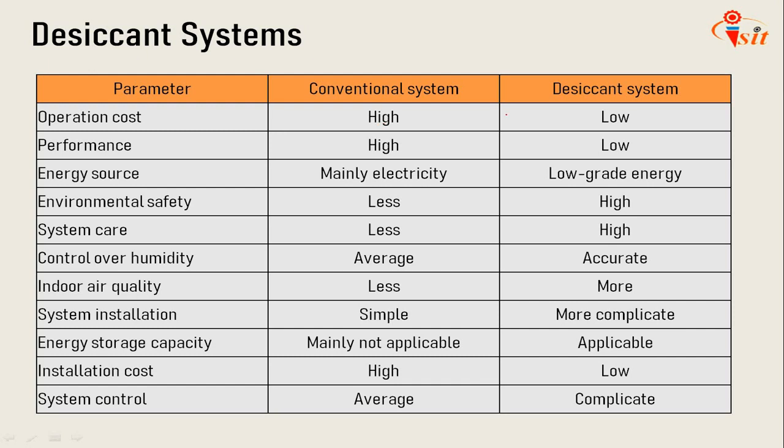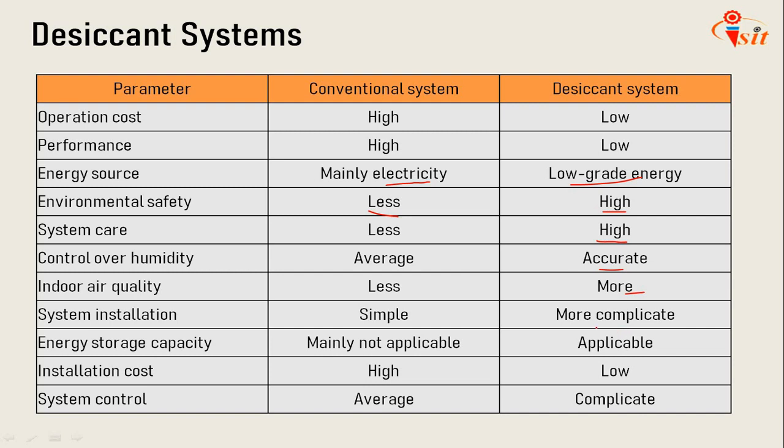Operating cost is high in conventional, low in desiccant. Performance is high in conventional, in desiccant it is low. Energy source, here electricity in conventional system, while in desiccant low grade energy like solar energy we can use. Environmental safety is less in conventional, here high. System care is high in the desiccant. Control over humidity is accurate in the desiccant system. Indoor air quality is more.